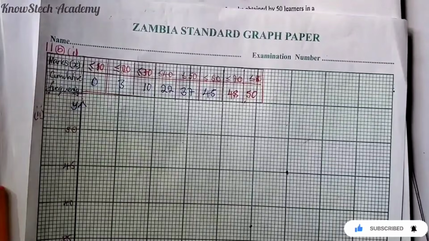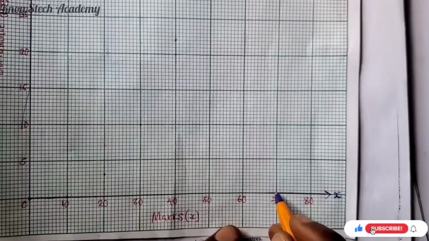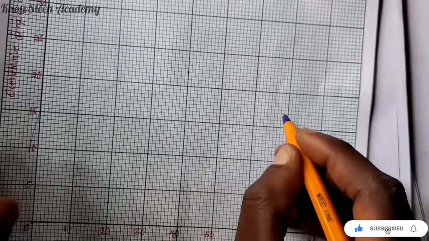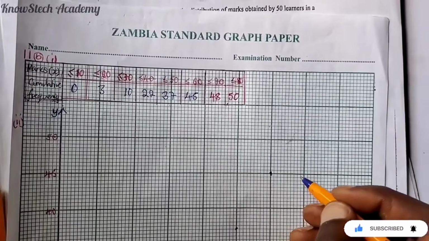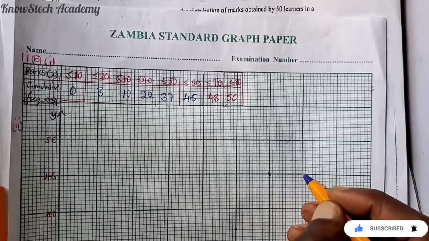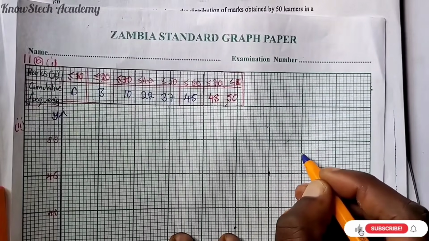On our graph, 70 is here. Go straight up to 48. 45 is here, so 46, 47, 48.